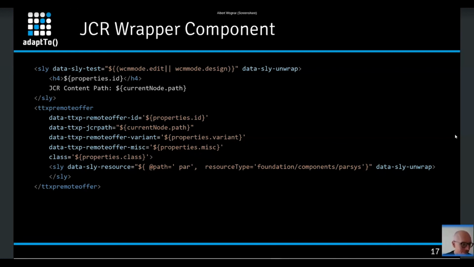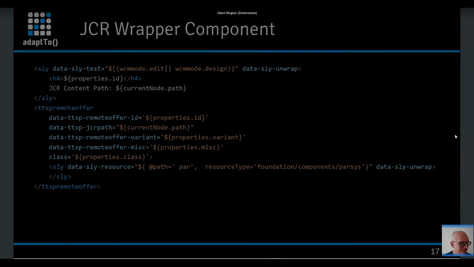In the upper part, you see that we expose the path in edit mode, and then it's just a parsys with some data attributes that are valuable for us, and that's about it. I know that's kind of insulting for you guys regarding the complexity in AEM, but just to showcase that. And that actually works perfectly. We are using that all the time with NBA, a nice little solution.